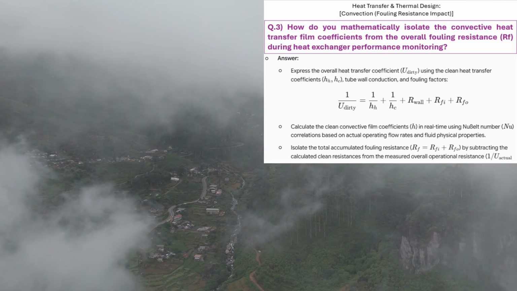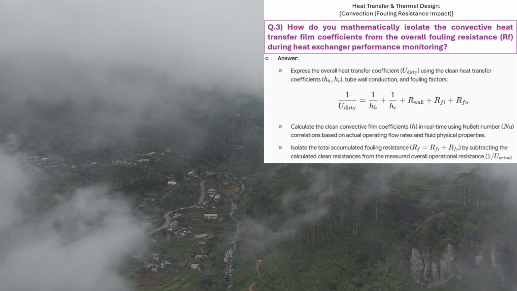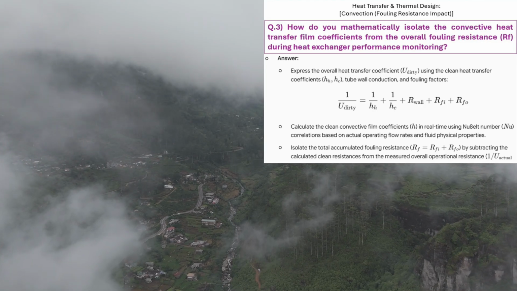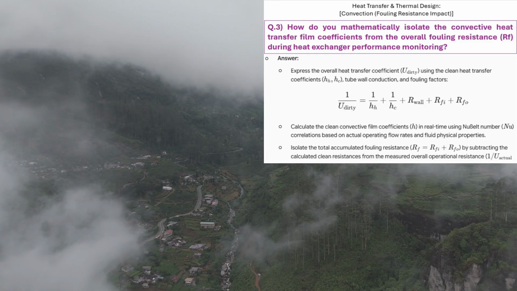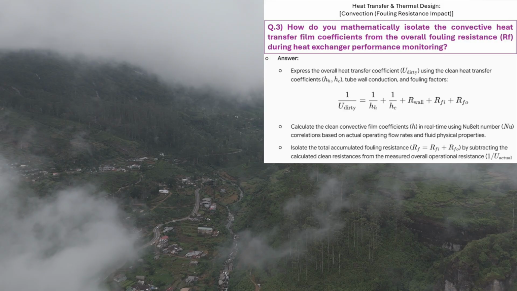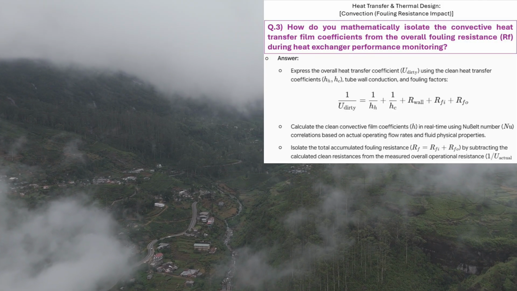They trigger a panic response schedule, a costly bypass, order a specialized chemical wash contractor. But your dynamic analysis shows something else. Right. By tracking the real-time Nusselt correlations against the DCS flow meters, the analysis reveals that 15% of this total duty drop is strictly a thermodynamic consequence of reduced crude velocity.